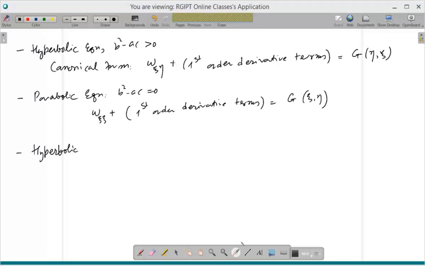So you have probably got some idea of the meaning of canonical forms after discussing hyperbolic and parabolic cases.